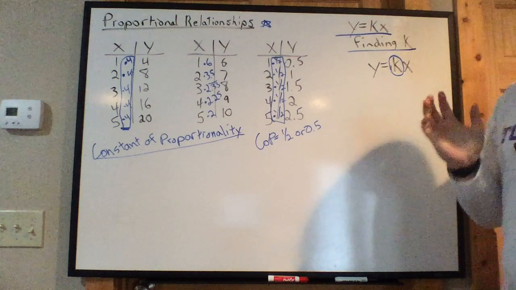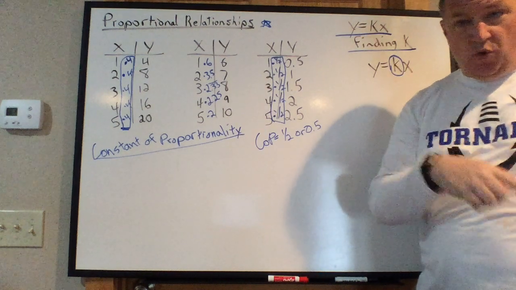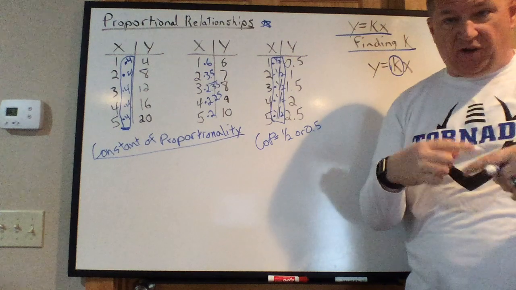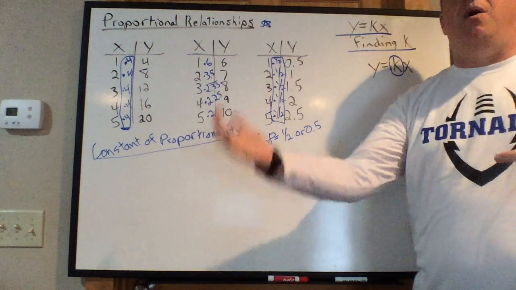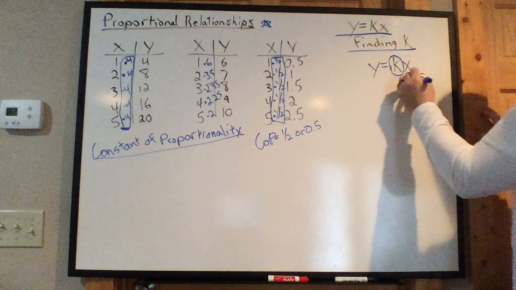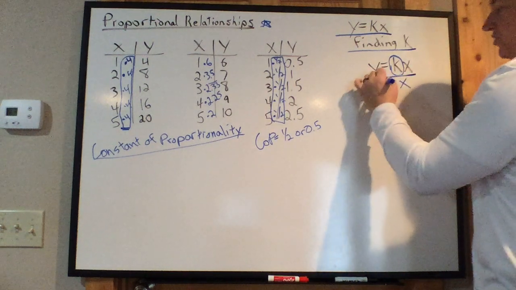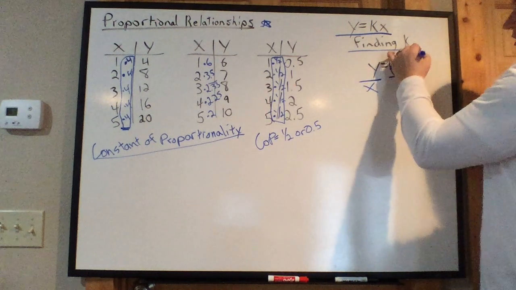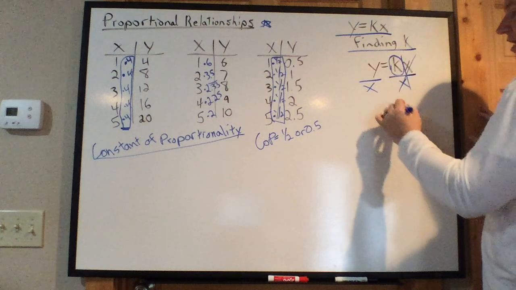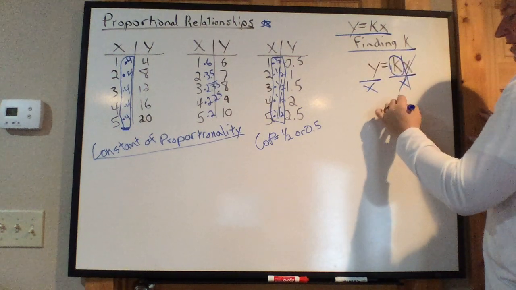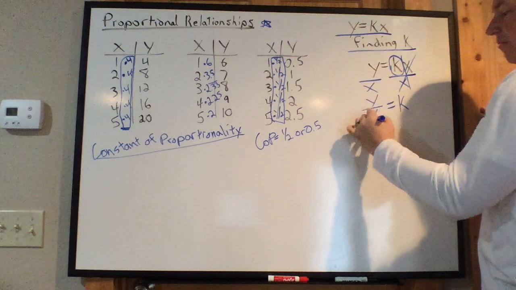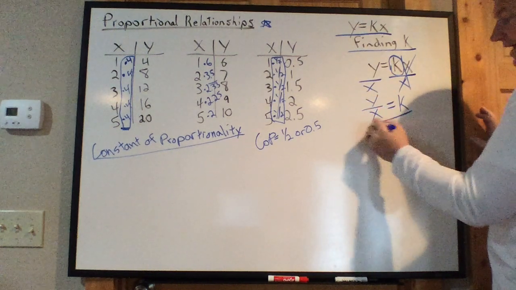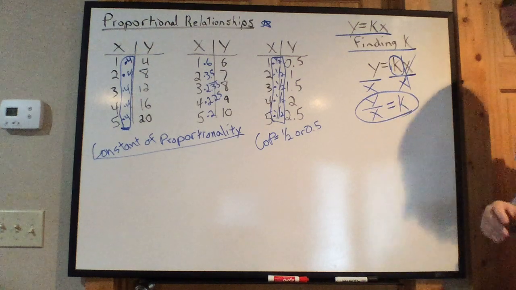So in order to solve this, I have to undo what the equation is telling me to do. If it's telling me to multiply by x, then I have to divide by x on both sides. Those two x's will cancel. I'm left with k on the right-hand side, and I have y divided by x. So to find k, I just take my y number and divide by x.